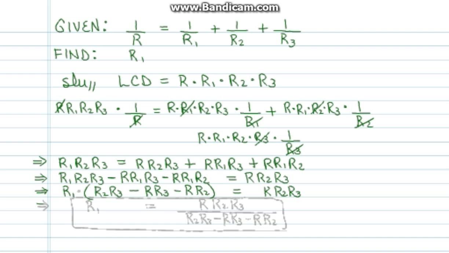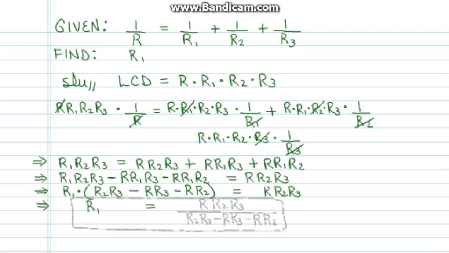And then finally, to get R sub 1 by itself, we'll divide both sides by the coefficient, which is the giant parenthesis. When we divide the left side by that coefficient, we just get R sub 1 equals, because it cancels.